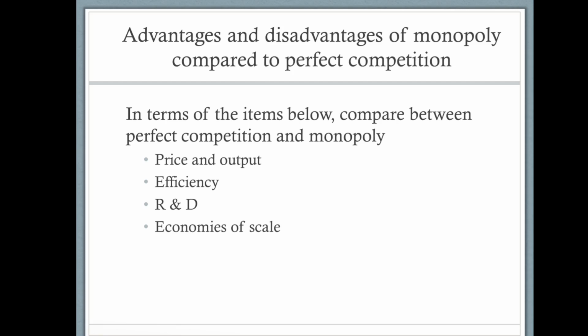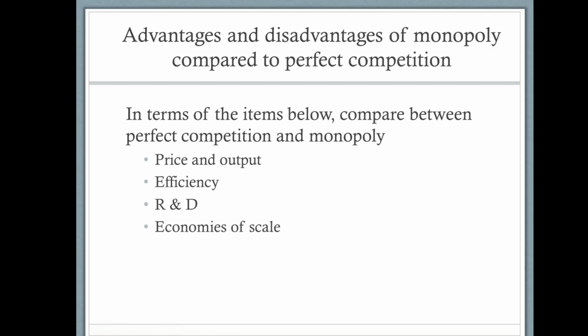And so when you look at this, every time at the end of each market structure, you'll be asked to compare different market structures. This also happens in your exam.